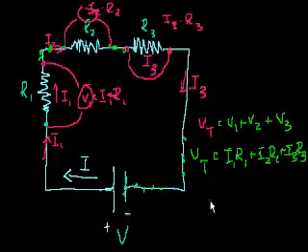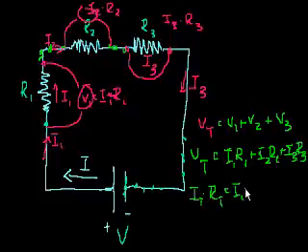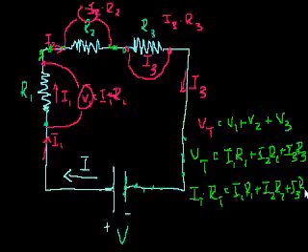And what's the total voltage drop? Well, that's equal to the total current through the whole system, I total, or we just call it I, times the total resistance, which is equal to I1 R1 plus I2 R2 plus I3 R3. Well, we know that all the I's are the same.